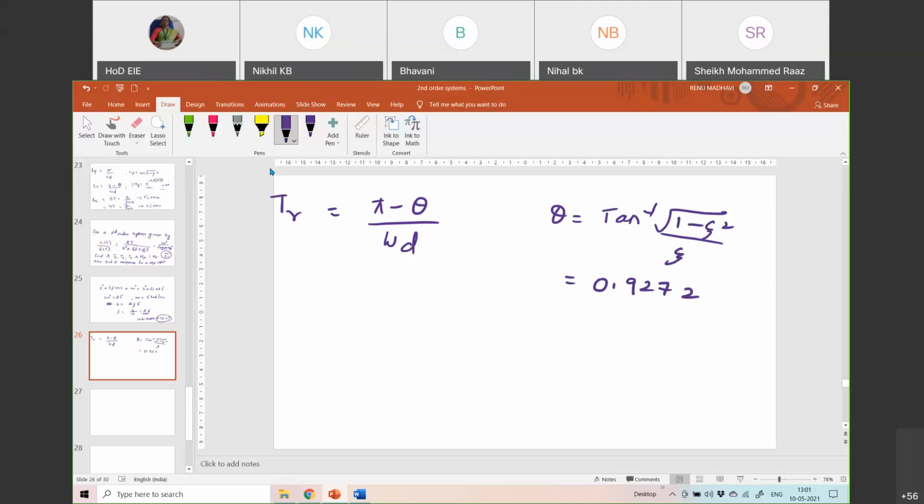Okay, if you are getting something other than that, let me know. And then omega d is required. What is omega d? Omega d is omega n into square root of 1 minus zeta square. There omega n is 5, 1 minus 0.6 square, correct? So what is omega d? Omega d is 4 radians per second.